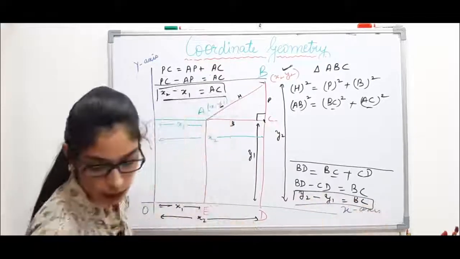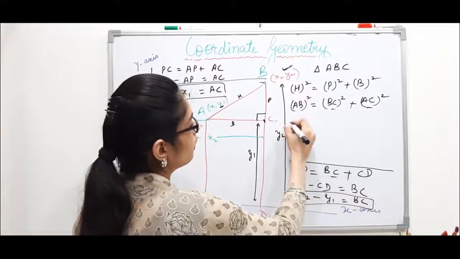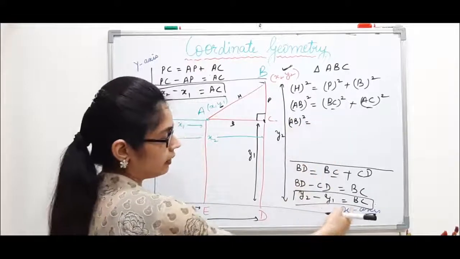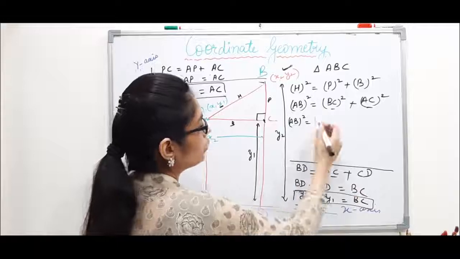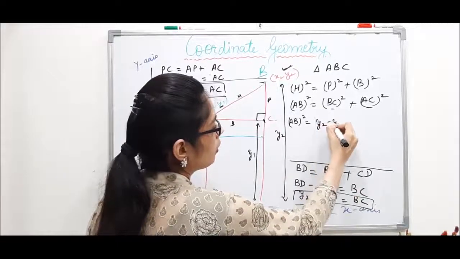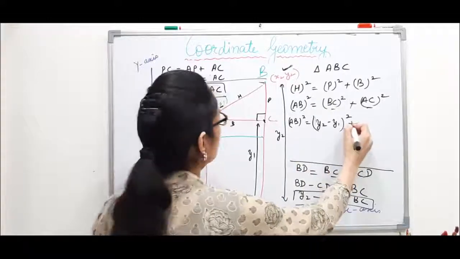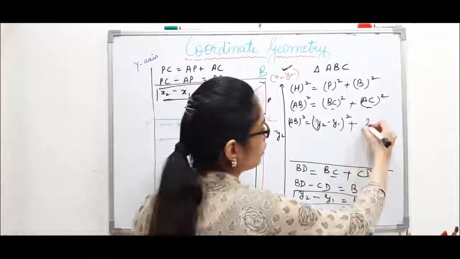So these two values I have got, and now I just have to substitute here. So AB square is equal to BC, which is y2 minus y1, and whole square we have to do. In the same way AC is x2 minus x1.